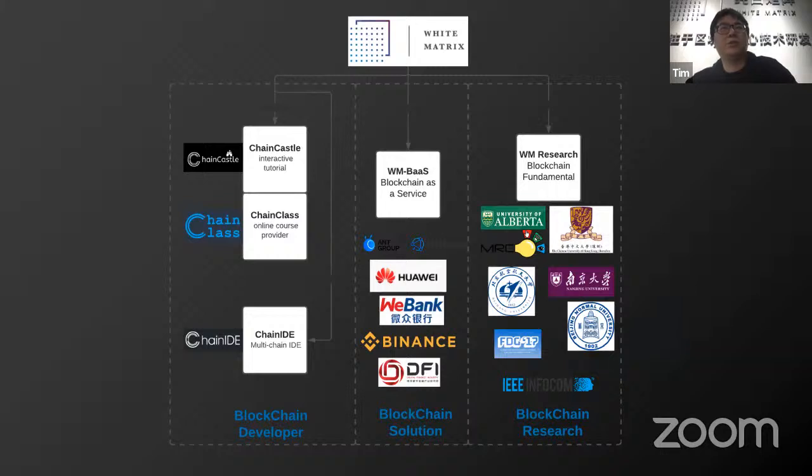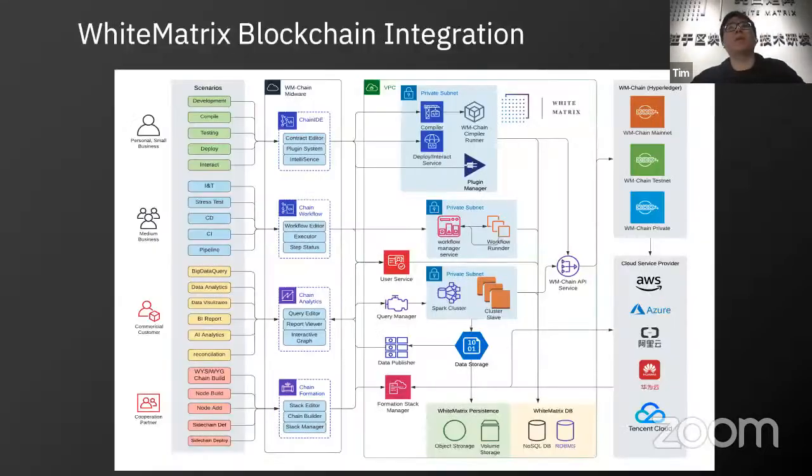Here, White Matrix not only provides the tooling of ChainIDE, it also has other tooling like BaaS, which is blockchain as a service, and also ChainClasses, which is the MOOC course platform you guys are currently using, and also Chain Castle, which is an interactive tutorial for multiple blockchain smart contract development.